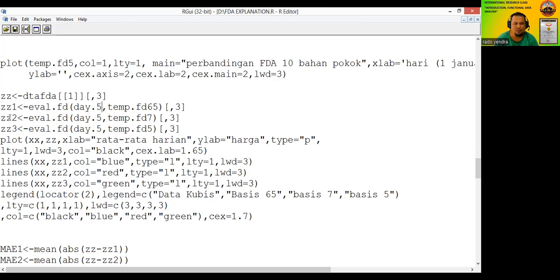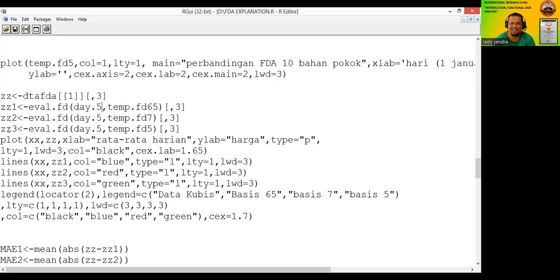ZZ2 is the daily average price produced by the Fourier series function with the 7 bases.